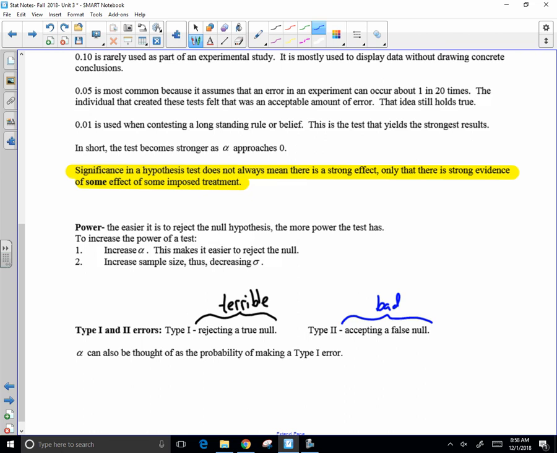You could think about instances throughout American history alone where there was a long-standing rule or belief that was bad, and it would have been nice, more than nice, to get rid of it. But without going too much into that kind of stuff, we'll just leave it.